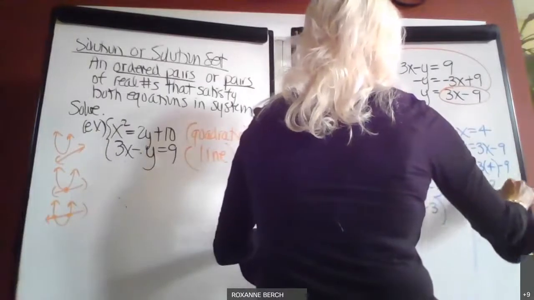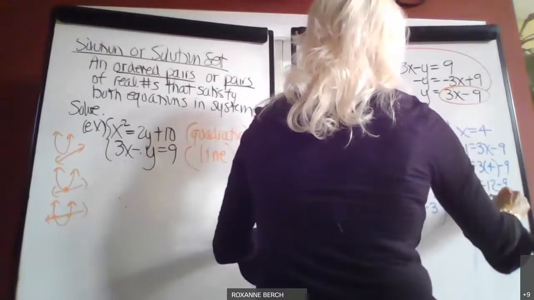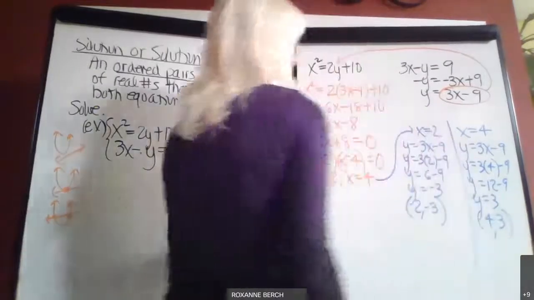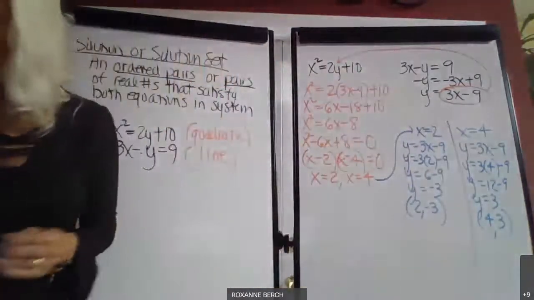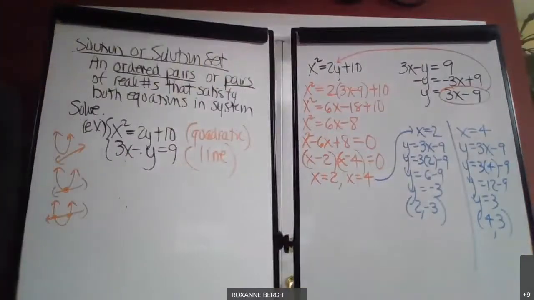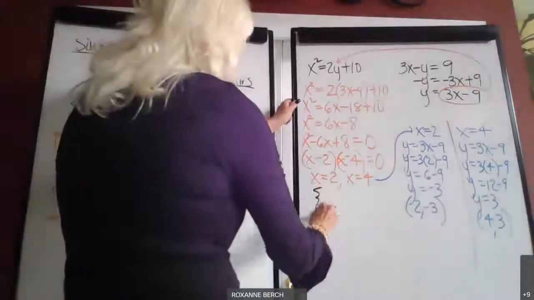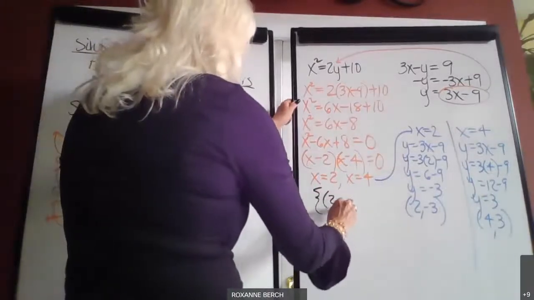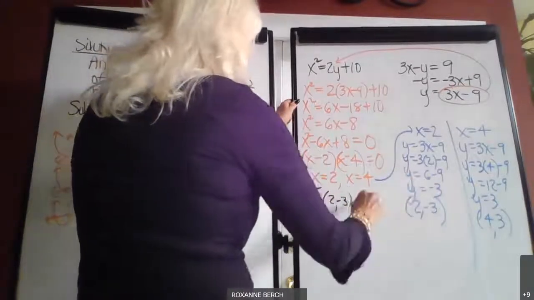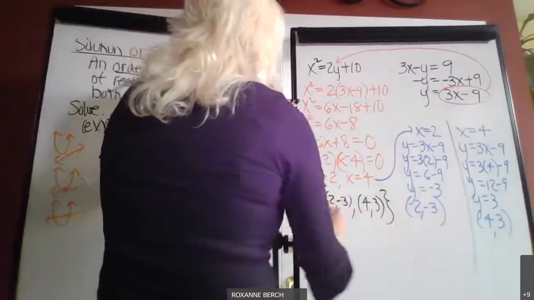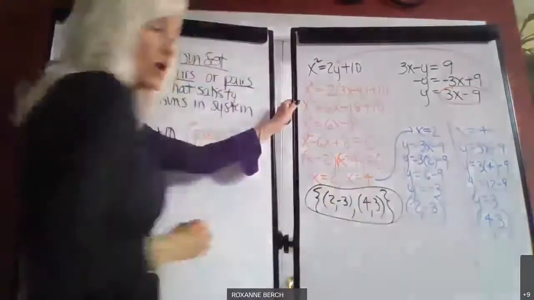That would be 12 minus 9, which is 3. So that would be right 4, up 3. And what I would do, I would write them in a solution set. So the first one is right 2, down 3, and the second one is right 4, up 3. And those ordered pairs are your solution.